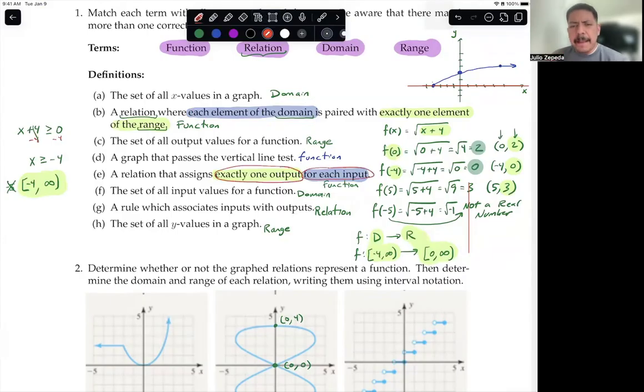We can check that, or we can use the vertical line test, because we know that a graph that passes the vertical line test is a function. So if it fails the vertical line test, then it will not be a function.